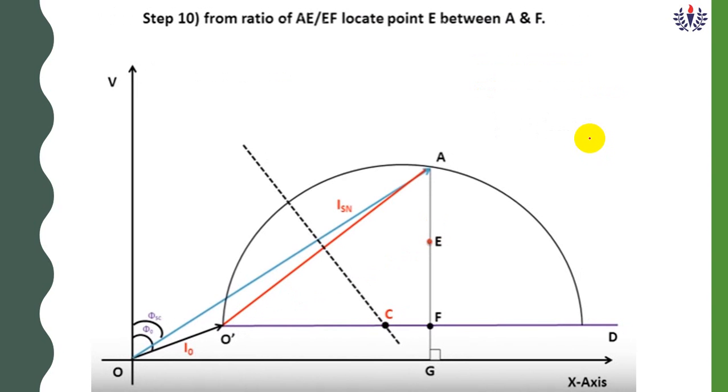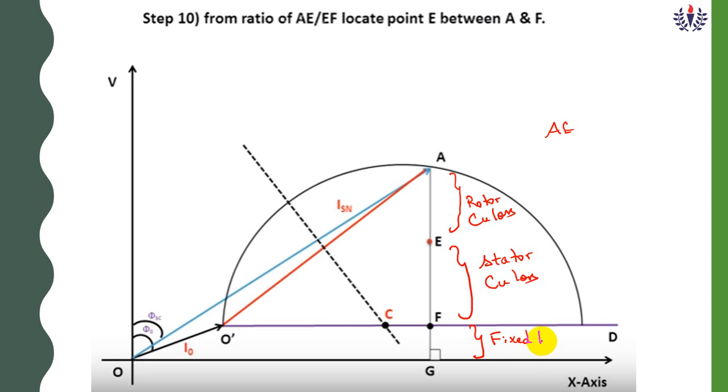Once you join, A to E is the rotor copper loss, and E to F will be the stator copper loss. F to G is the fixed loss.